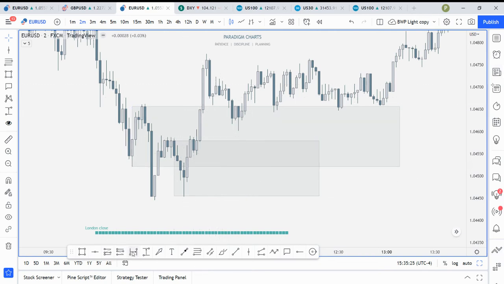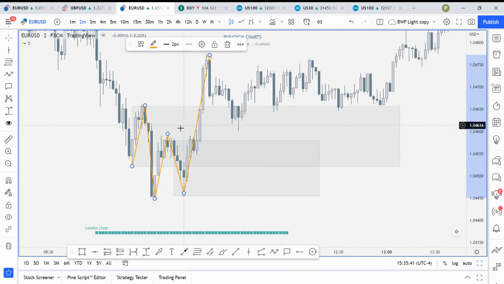So you see the price, we have a swing low, a swing high. This is another swing high, swing low, then price energetically broke through this swing high. And you can see the fair value gaps that it left behind.